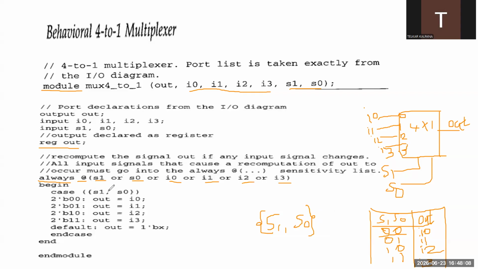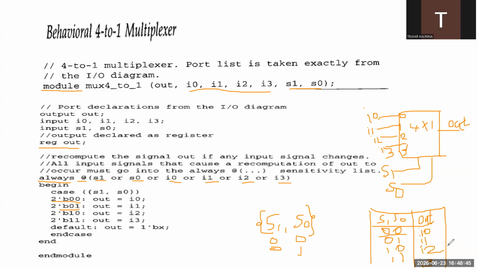So case, expression, choice, assignment. If the expression takes the value 0 0, then it matches with this particular choice, and I0 will be assigned to out. If the expression takes the value 0 1, it matches this choice 0 1.